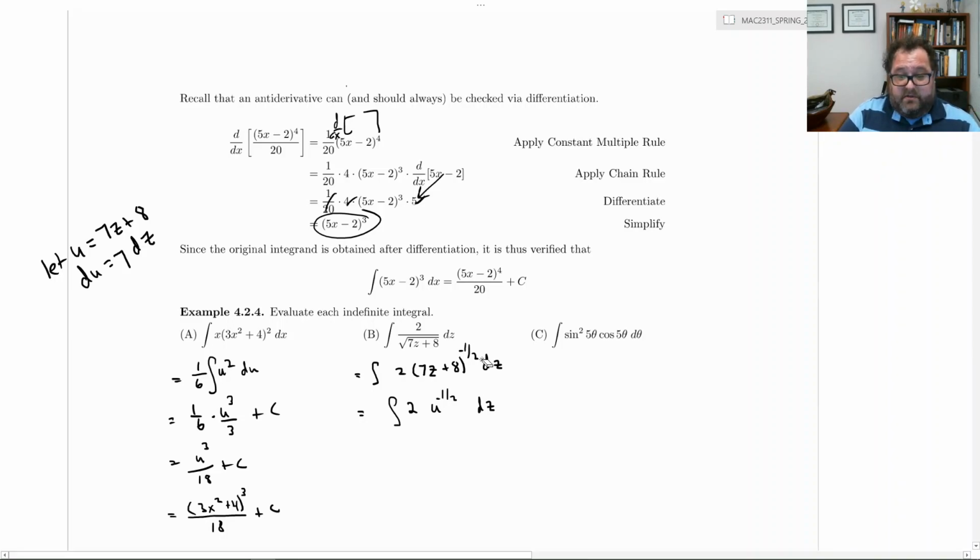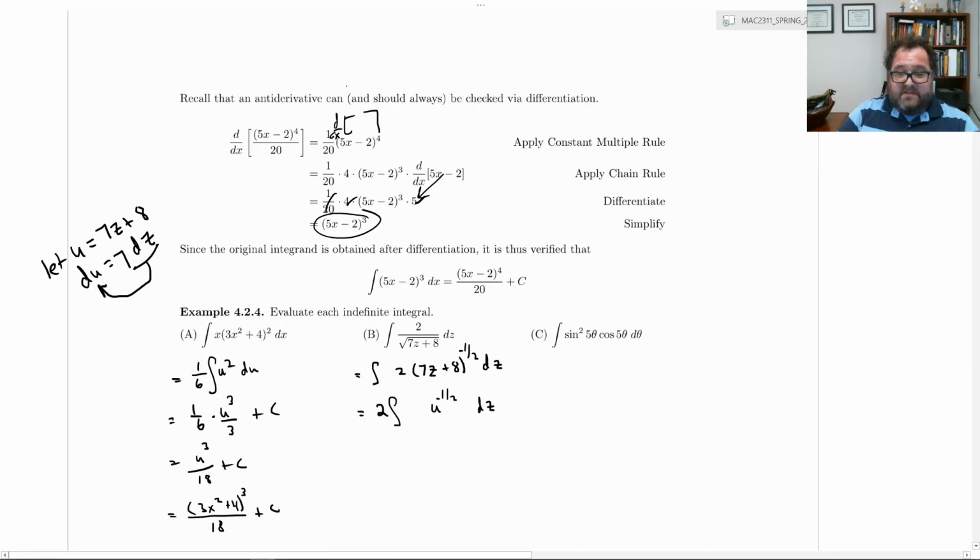It's a constant, so let's just go ahead and factor that out, the 2 there. Now I need a 7 dz, because if I can get a 7 dz, I can replace that with du, which is how I need to replace to make my variable of integration consistent with the new variable.